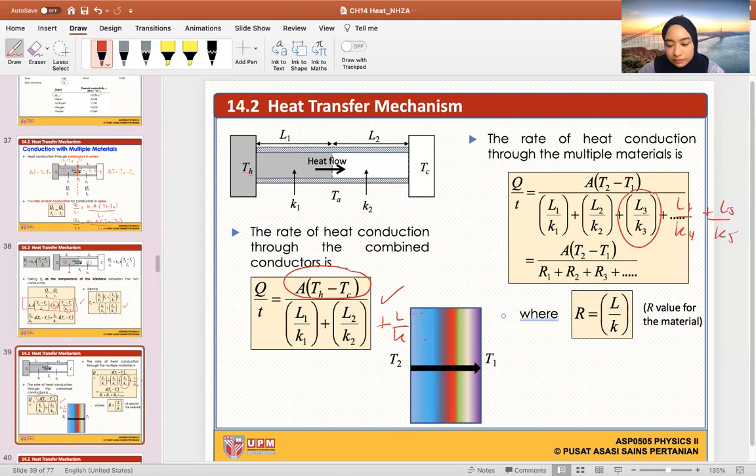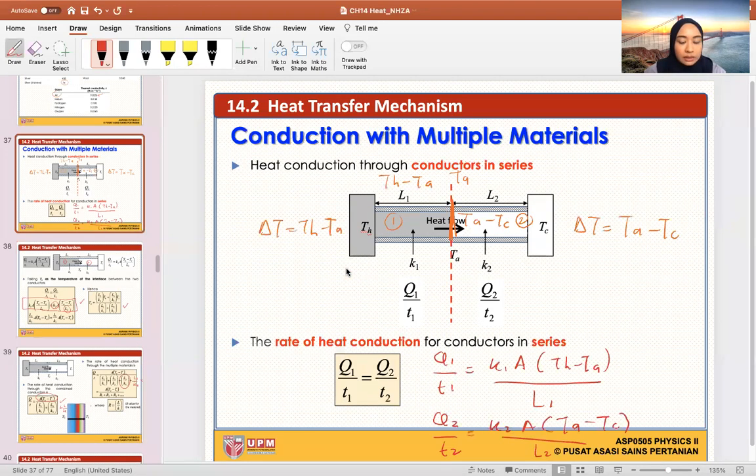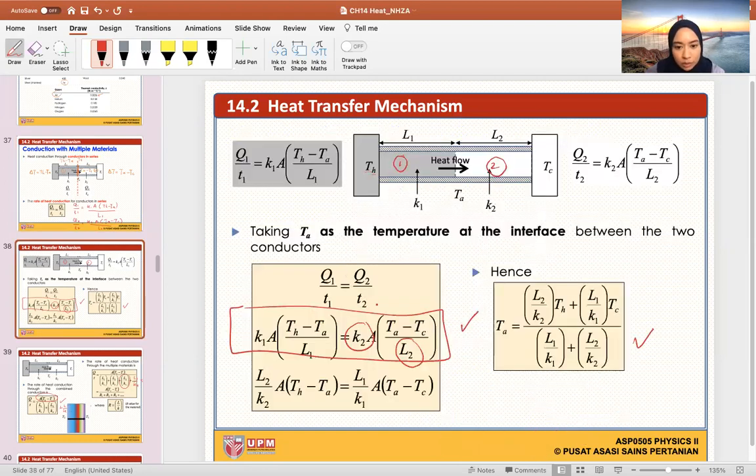Okay, so let's figure out which equation is the best one to memorize if you need to. Okay, this guy for sure kena ingat in series Q1 over T1 is equal to Q2 over T2. Wajib ingat, ni memang no compromise. Second one, this one is good if you want to equate, you only have two materials. This is a great equation to use.